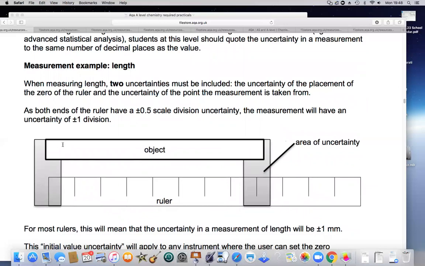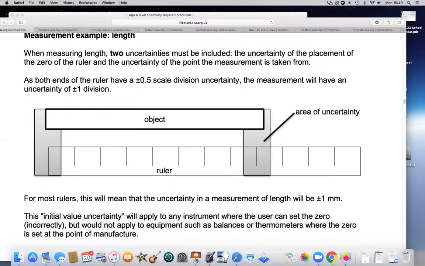If you're measuring an object, you take the measurement of the start of the object here, you take a measurement of the end of the object here. So the area of uncertainty applies at both ends, the start and the end. Now, if this is, for example, a 1 centimeter ruler, the uncertainty for each measurement is 0.5, but you add them together, which will give you an uncertainty of 1 centimeter for using the piece of apparatus.